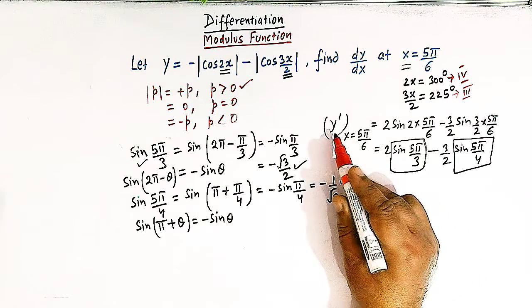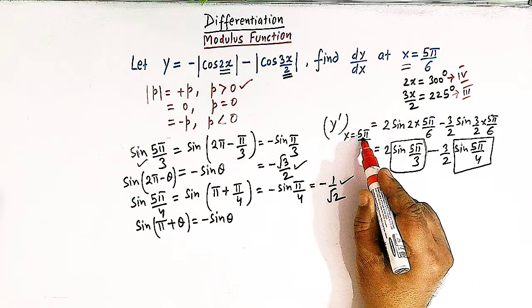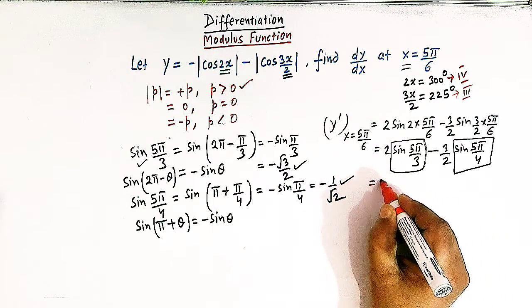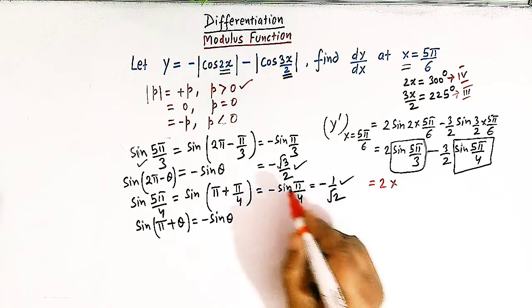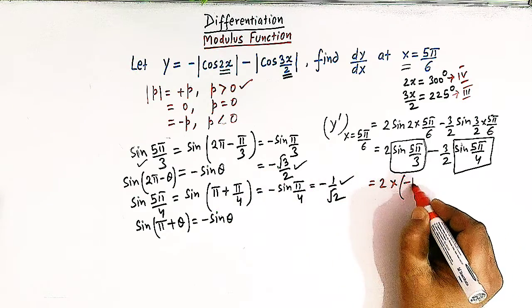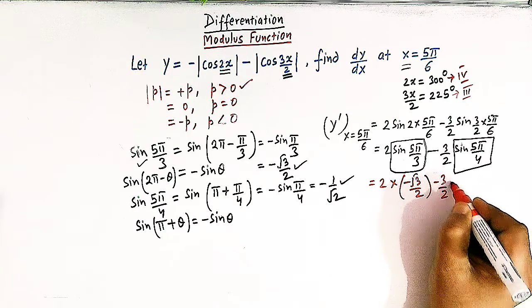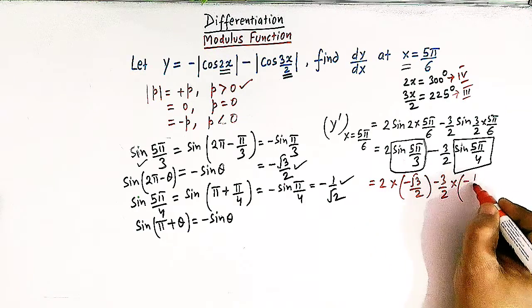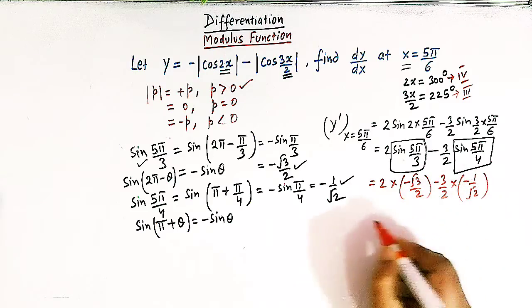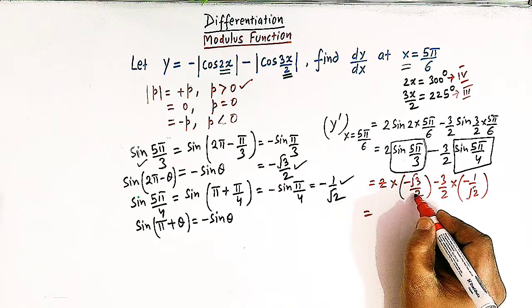So now the value of the derivative at x is equal to 5 pi by 6 is given by 2 times, here we have minus square root of 3 over 2, and here we have minus 1 over square root of 2. So here 2 and 2 get cancelled.